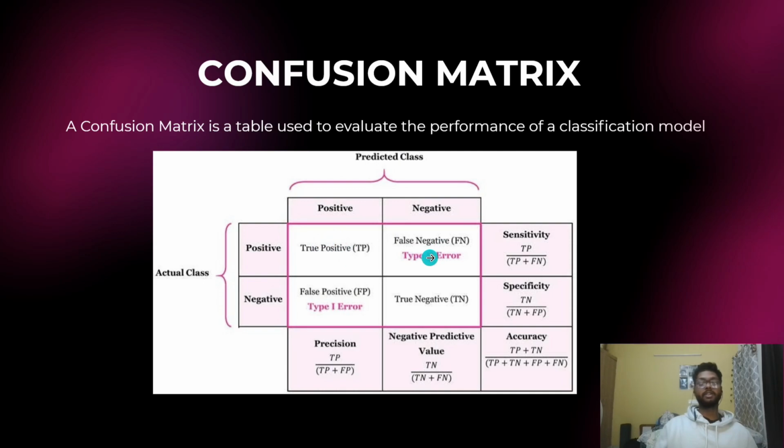Here, the model gives a negative value whereas the actual value is positive, so we get a false negative. Here, the actual value is negative, but the model predicts a positive value. Here, the actual value is negative, and the model predicts a negative value. So, with the help of these, we can calculate these ratios, that is, sensitivity, accuracy, negative predictive value, and precision.